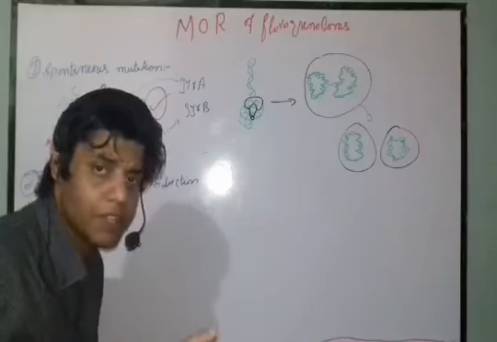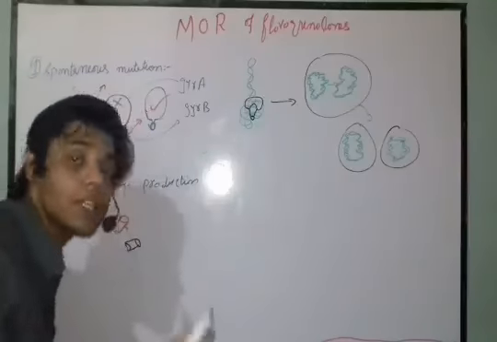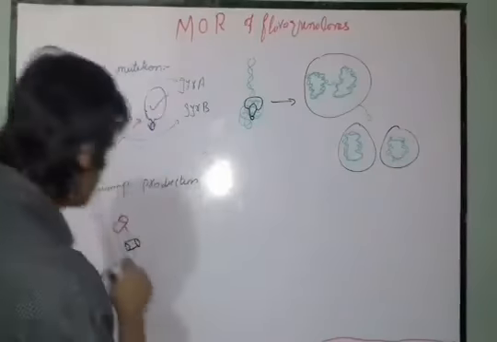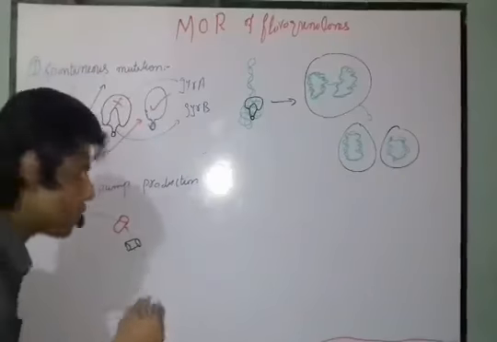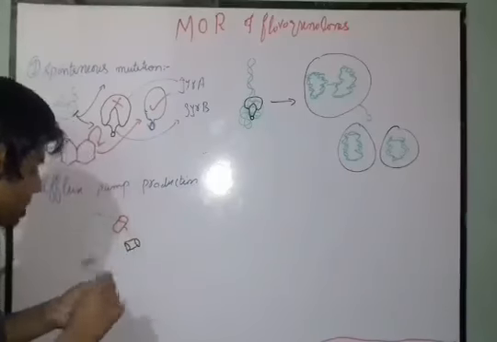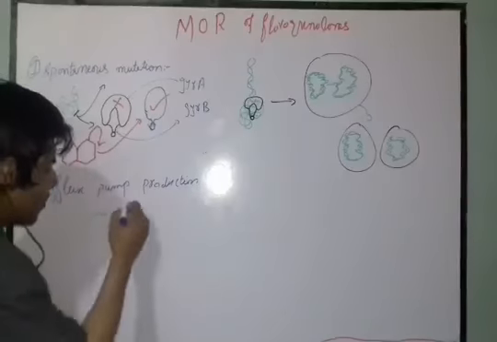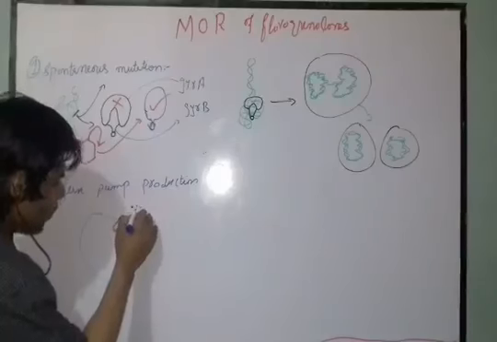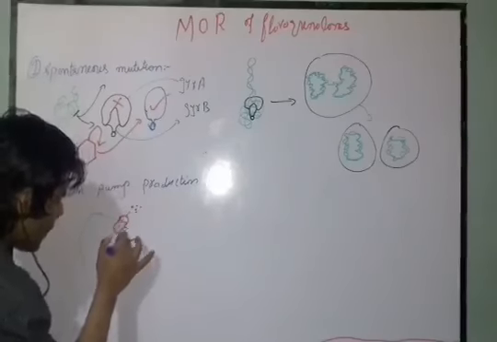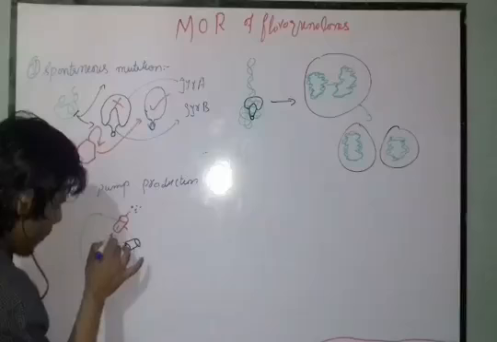Efflux pumps will not always be present, right? They will be present in case of resistance. So after that, what actually happens? Let's suppose this blue one represents the drug, meaning the fluoroquinolone. This fluoroquinolone will get internalized, fine.